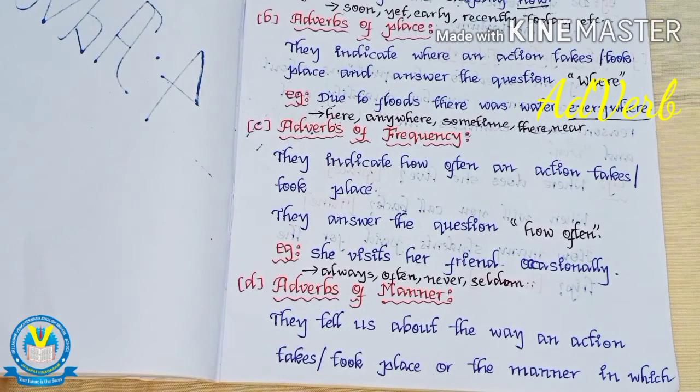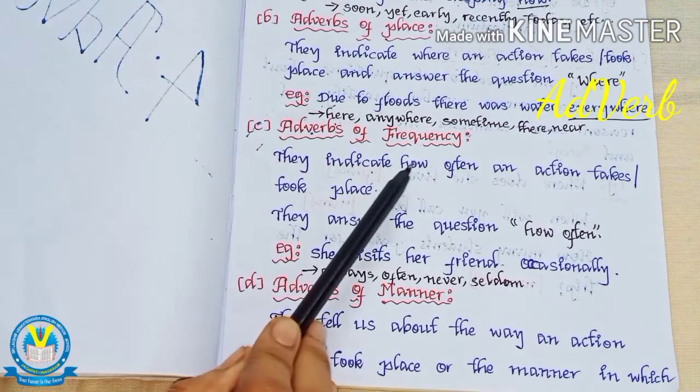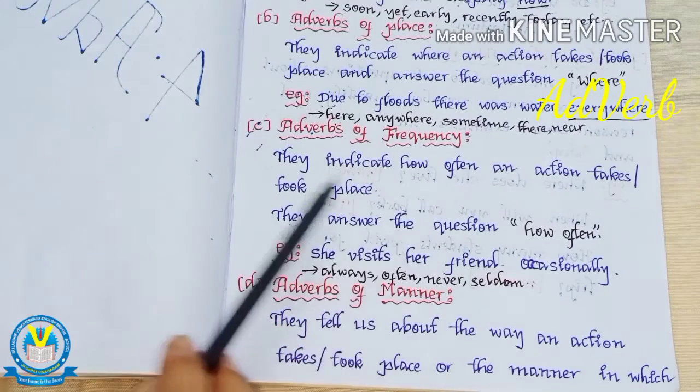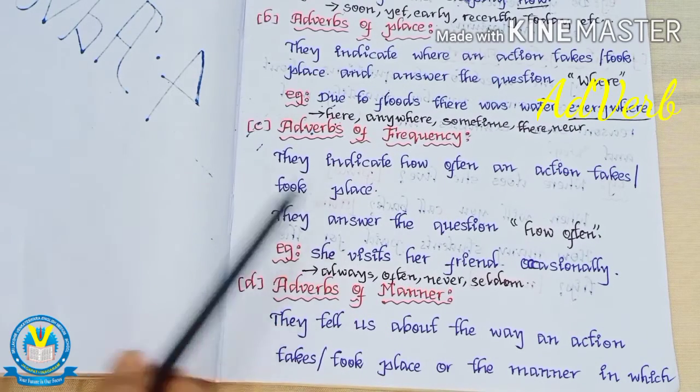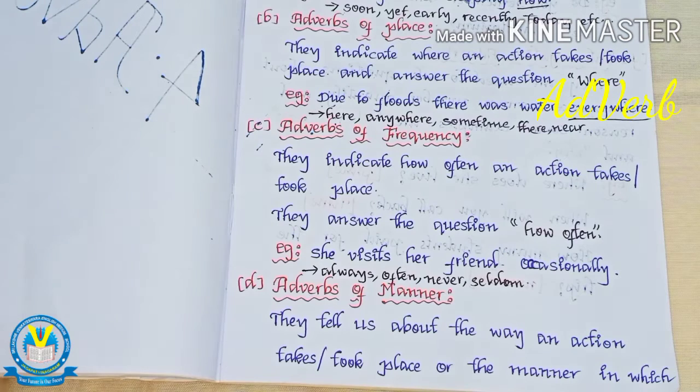What is frequency? Look here clearly, they indicate how often an action took place. For example, there are some seasonal functions, seasonal parties and seasonal events we have, right? For example, Diwali. Diwali is a yearly festival.